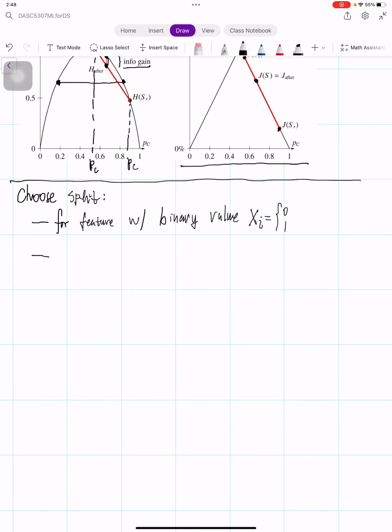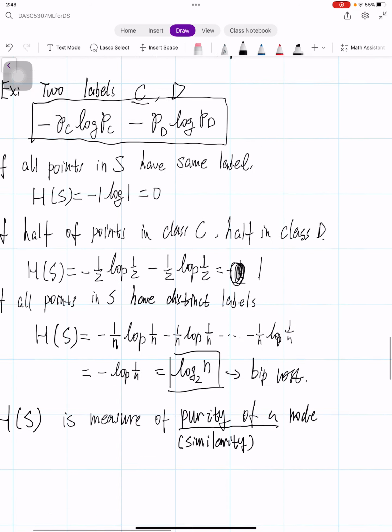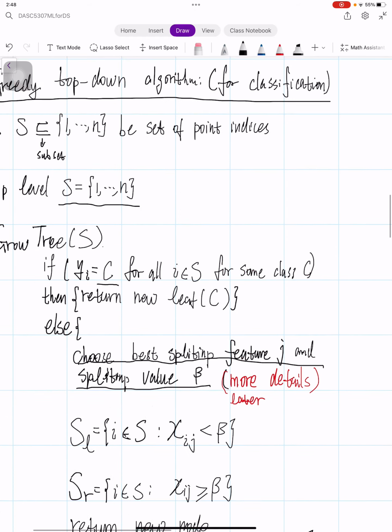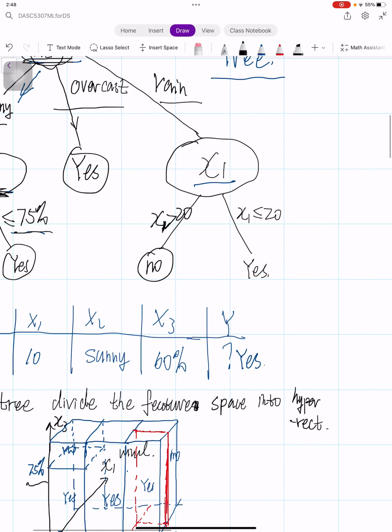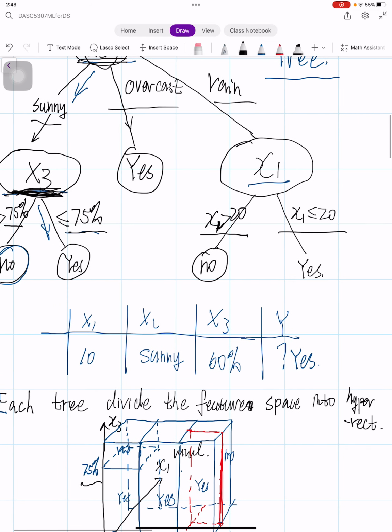And if the feature is quantitative, like the example we used at the beginning of the class, for example, x is wind speed. So how do we find the split?